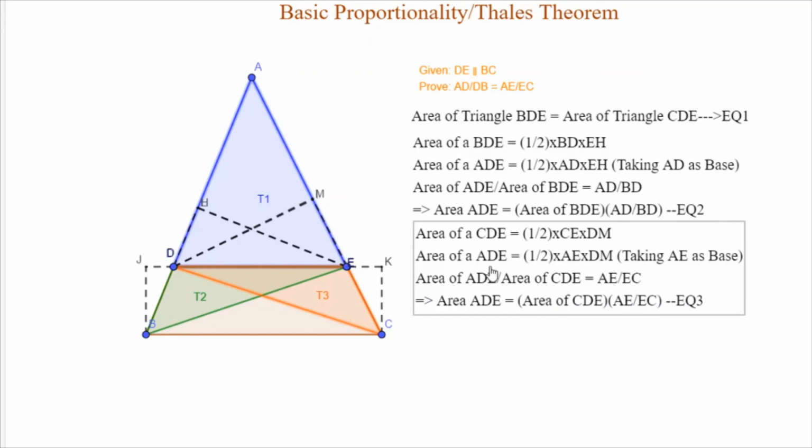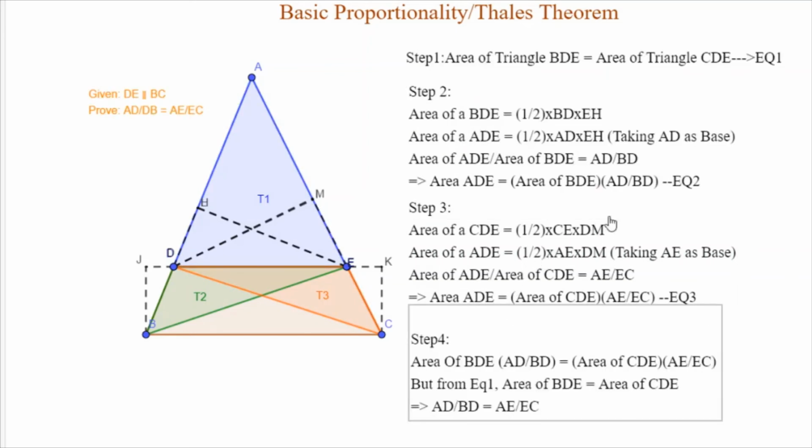If you take the ratio of areas of these two triangles T1 and T3, the 1 by 2 cancels out, DM and DM also cancel out, and what remains is the ratio of these two sides AE to EC. This implies area of ADE is equal to area of CDE multiplied by AE divided by EC. Let us take it as equation 3.